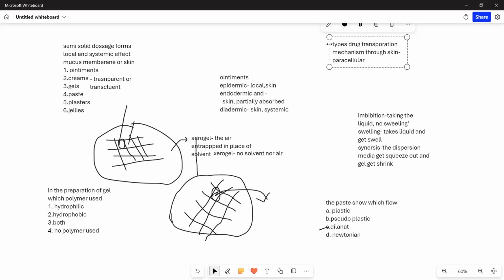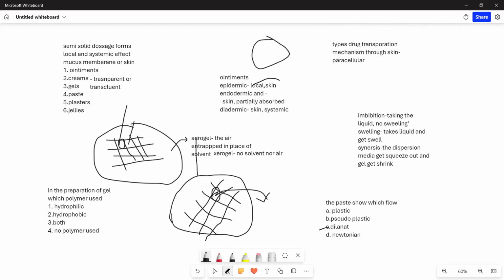Yeah, great. Because transcellular is nothing but, let me draw a diagram. For example, this is a cell and this is a cell. So passing of a drug molecule through the cell is transcellular. Passing between the junction is known as paracellular. So generally the drugs which have higher hydrophobicity follow the transcellular pathway.